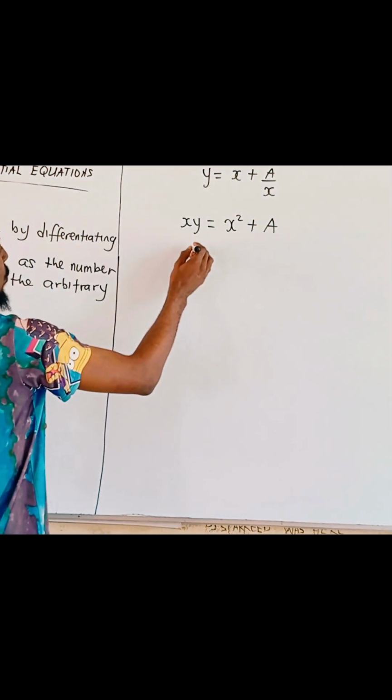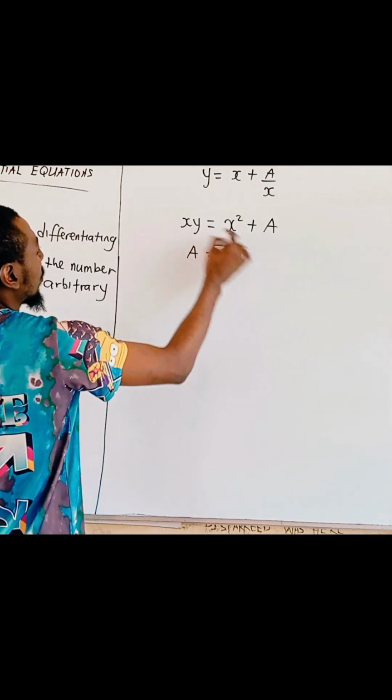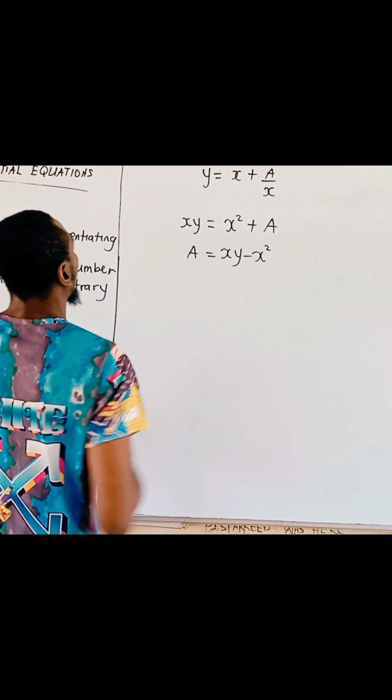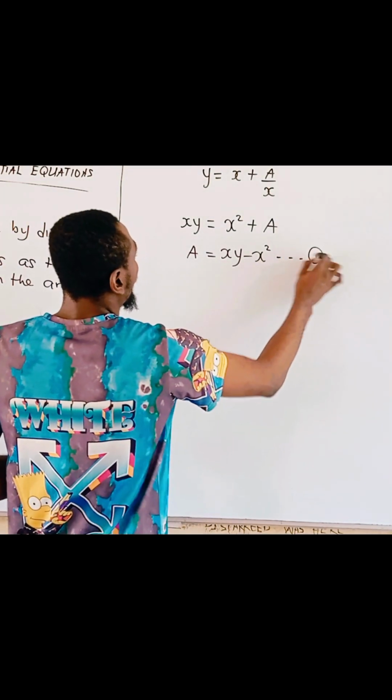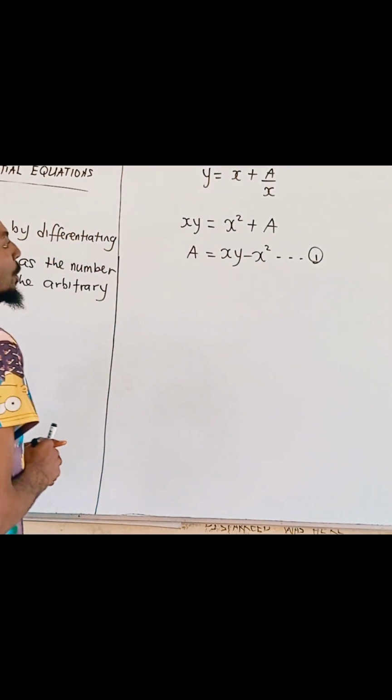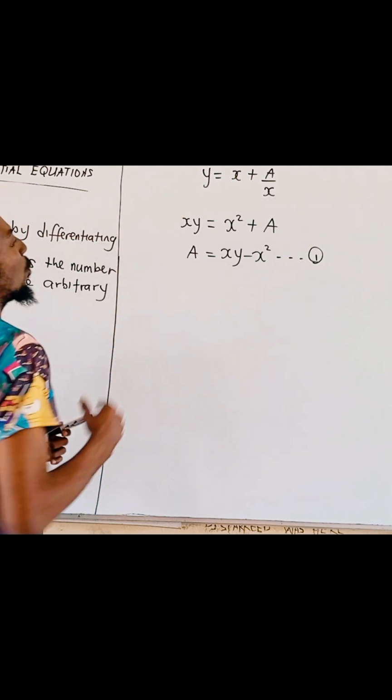Then making a the subject, we have a is equal to, of course, xy, this crosses here, minus x squared. So that's the value of a. So this is equation 1.